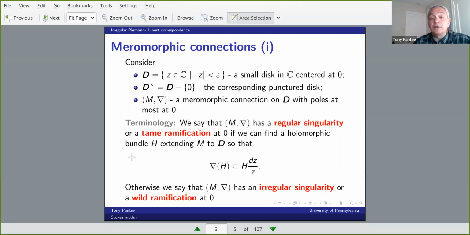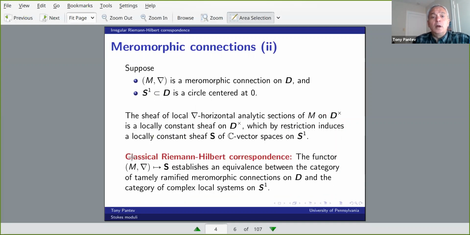So regular singularity is just a logarithmic connection. The sectors are for the irregular ones. I'll come to the sectors in a moment. So regular singularity is just a logarithmic connection. Okay. Yeah, I mean, that's why I wanted to put down the terminology so that we all understand what I mean.